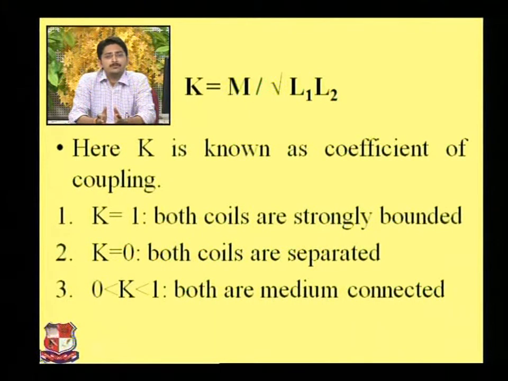If k equals 0, it means that both the coils are separated from each other, so no portion of coil A and coil B is connected, or there is a vast difference between the two coils. If the value of the coefficient is between 0 and 1, it means they are not separated and not strongly bound, but we can say they are mediumly connected. This is the coefficient of coupling between the two coils.